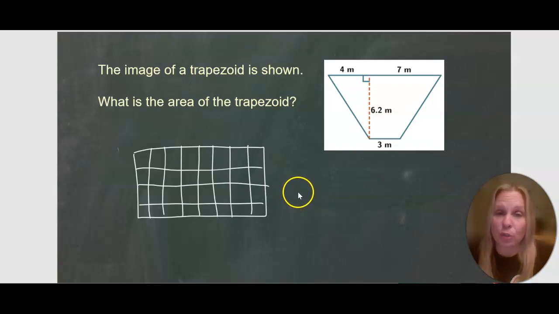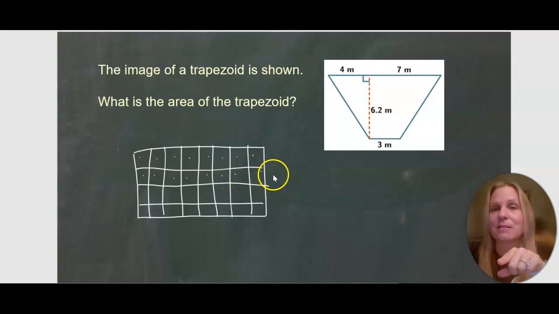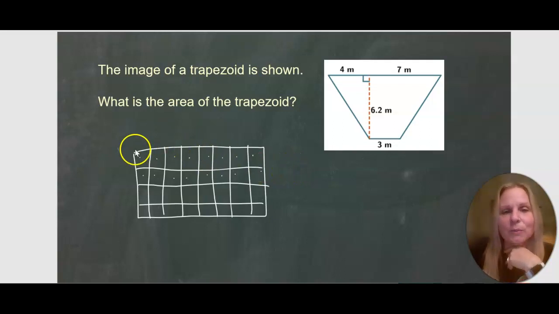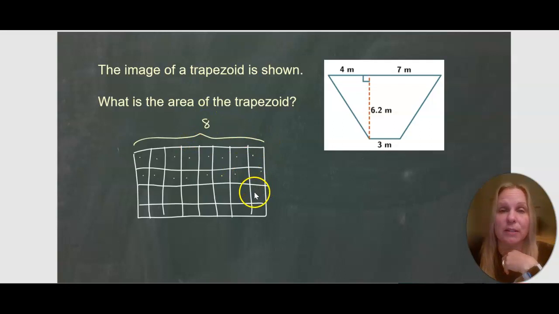So you could look at this and you could say, okay, well, 1, 2, 3, 4, 5, 6, 7, 8, 9, 10, 11, 12, 13, 14, 15, 16. But my guess is if I asked you to count these squares, you wouldn't do that. You would probably say, well, there's 8 squares in one row, and there are 4 rows.